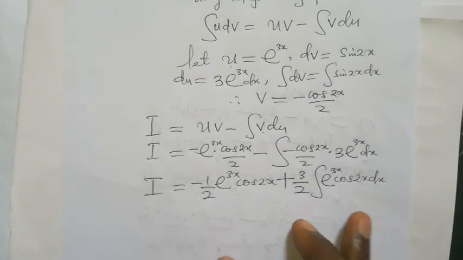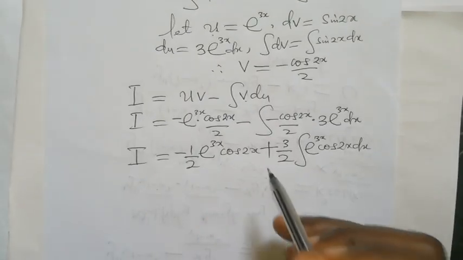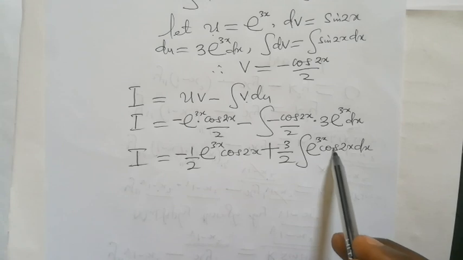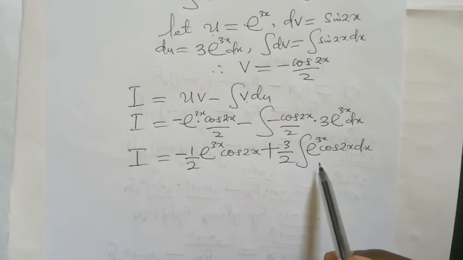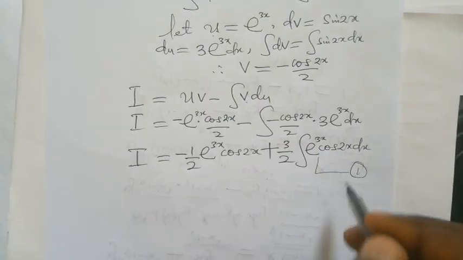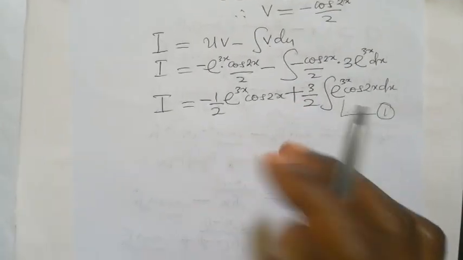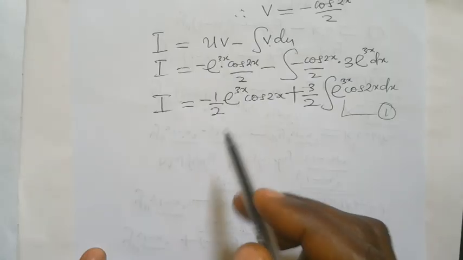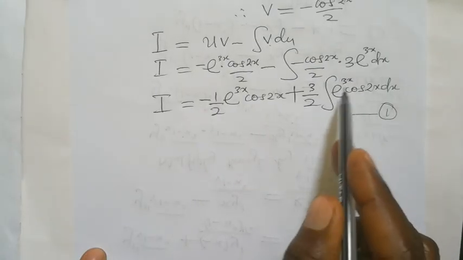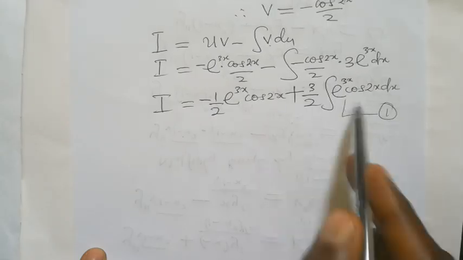If you look at it very well, this is an integral, but this time around it has cos, not sine. So let's call this our equation 1. We are going to bring this out, then solve it separately before putting the answer in equation 1.